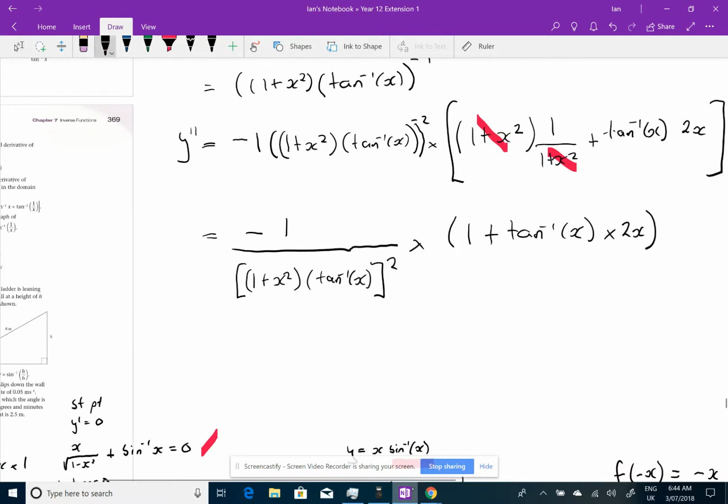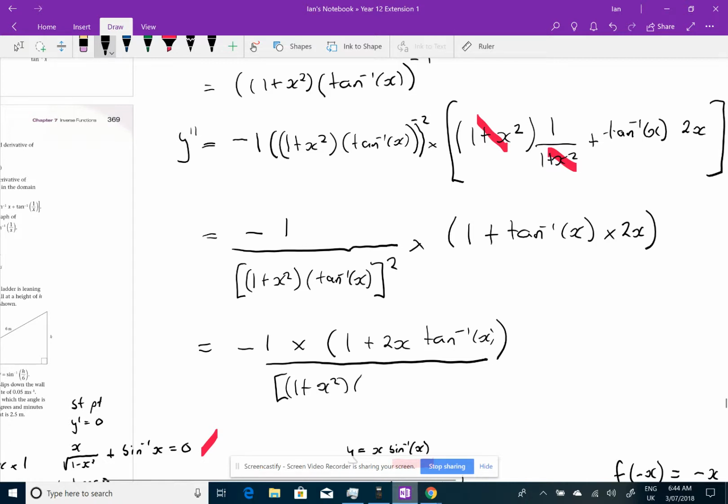Now if I just tidy that up, minus 1 times 1 plus 2x tan to the minus 1 x over 1 plus x squared tan to the minus 1 x all squared.